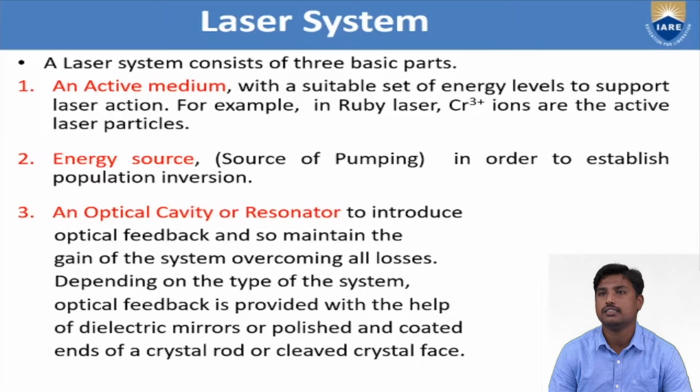Only chromium particles are responsible for the laser transition. The ruby crystal has aluminum particles and 0.05% chromium particles, but only chromium is responsible for the laser transition. That's why we call the ruby crystal rod the active medium, and chromium particles the active particles.